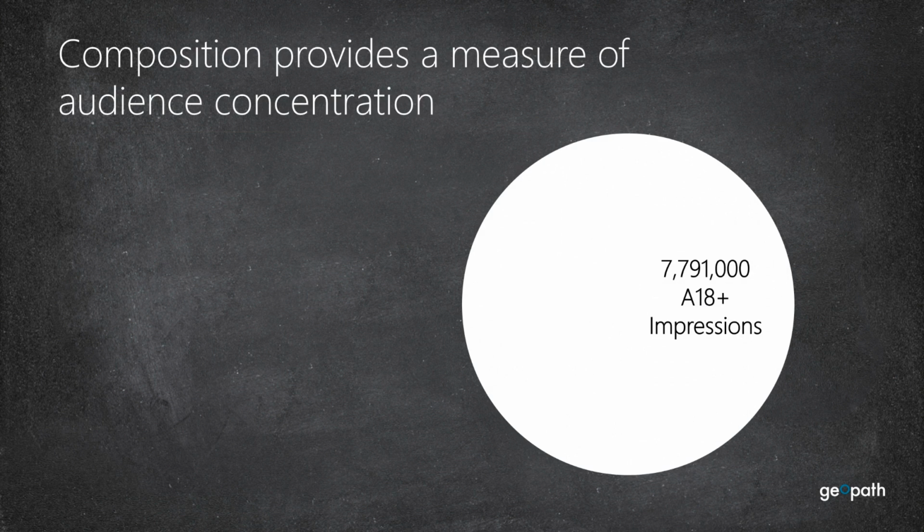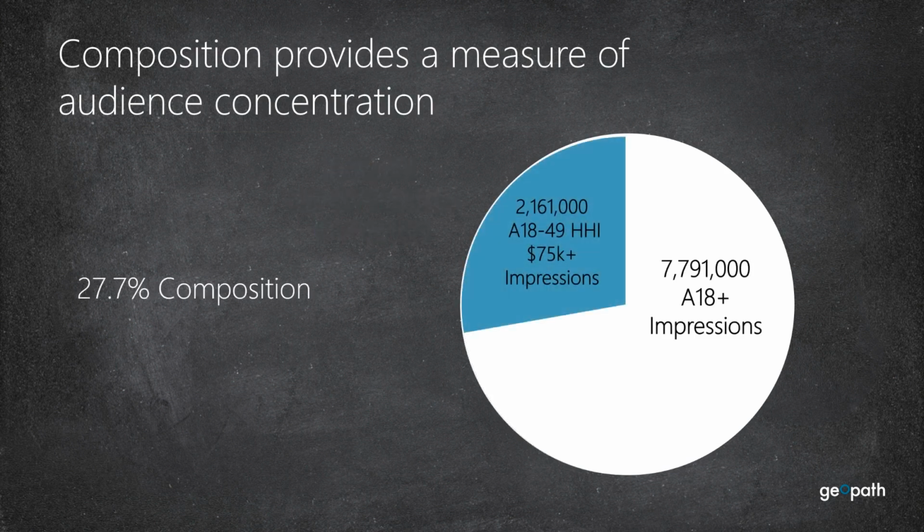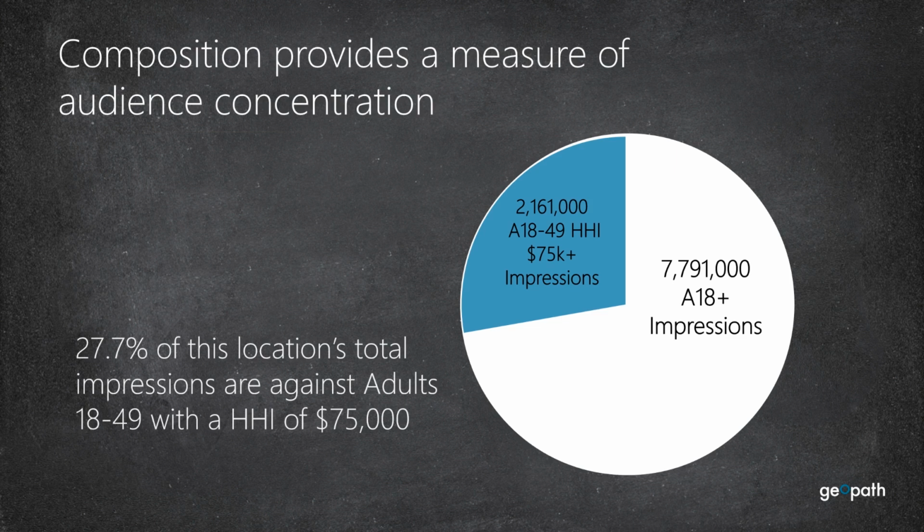If a location, for example, has 7,791,000 total adult 18-plus impressions, of which 2,161,000 of those impressions are against adults age 18 to 49 with a household income of $75,000 or more, we get a 27.7% composition. What does that mean? 27.7% of this location's total impressions are against this defined audience.